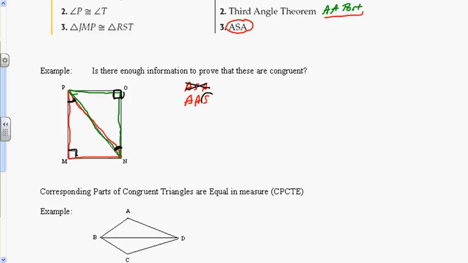But how about a side outside the angles? Well, that could be this side and that side, but again, we have no way of telling. But what about these sides? Now, this side is shared by both triangles, and because of that, they are equal in measure. In other words, this is called the reflexive property.